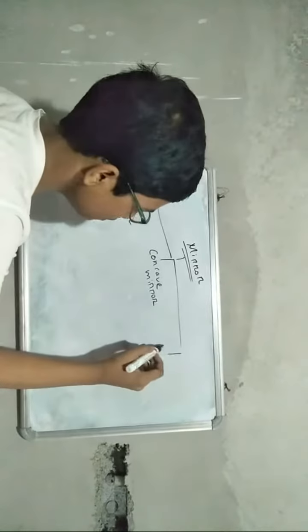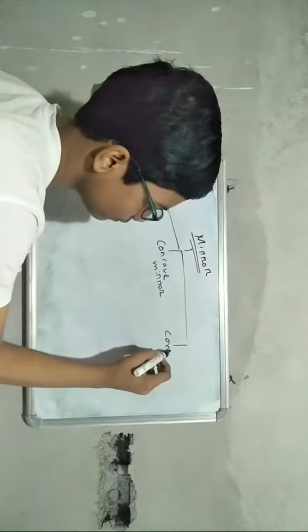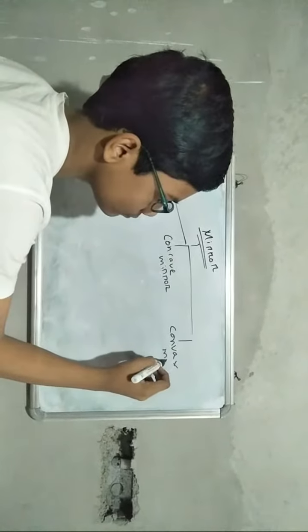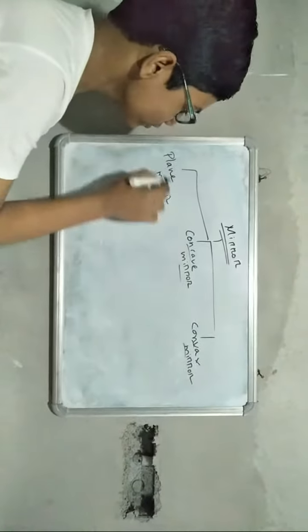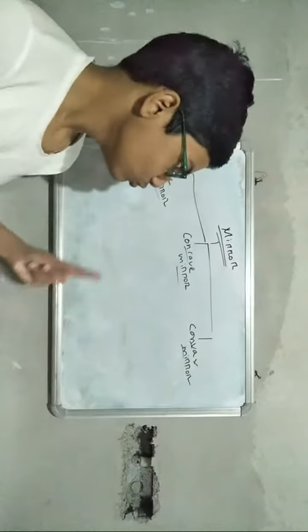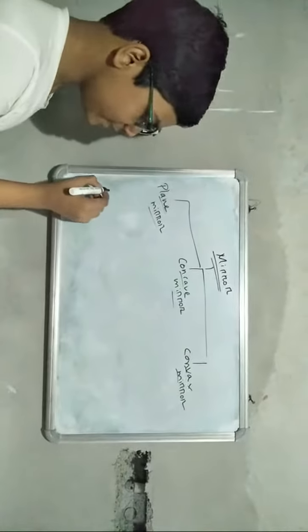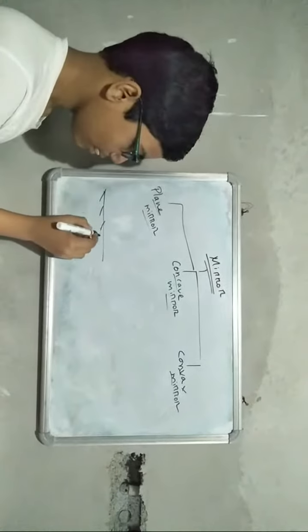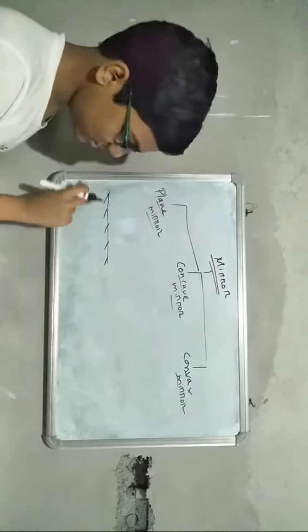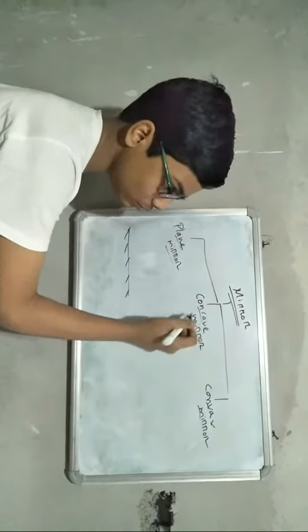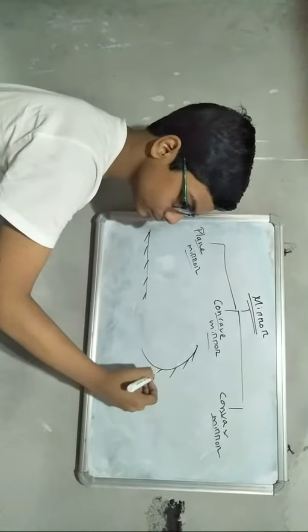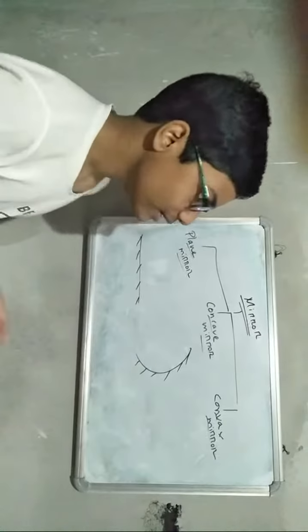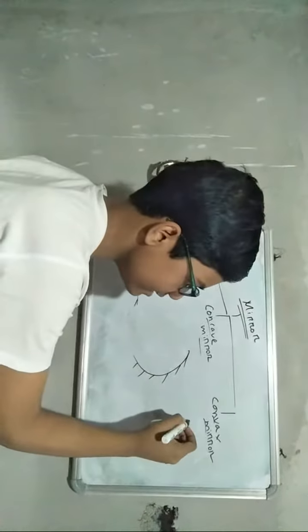And the next one is the convex mirror. Concave mirror, convex mirror and the plane mirror. So the diagram of the plane mirror is like that. This is a plane mirror. And concave mirror is like that. And convex mirror is like that.